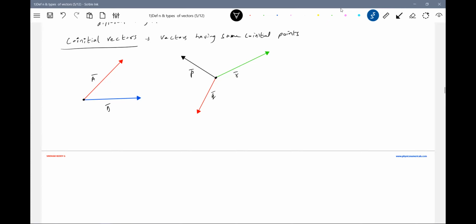When you take the vector, this part of the vector is called the tail, and this is called the head. So for co-initial, the tails of the given two vectors, or more than two vectors, should have a common point. Then you can say they are co-initial vectors.